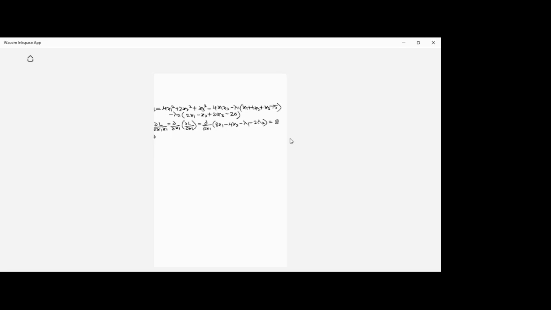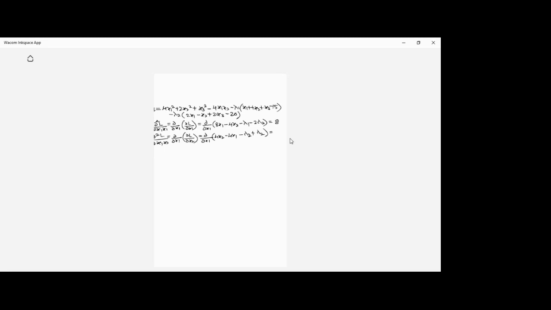Next we require the second partial of L with respect to x1 x2. So partial upon partial x1 of partial L upon partial x2, and this will be 4x2 minus 4x1 minus lambda 2 plus lambda 2.